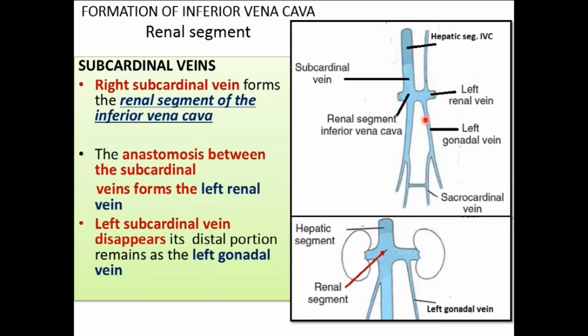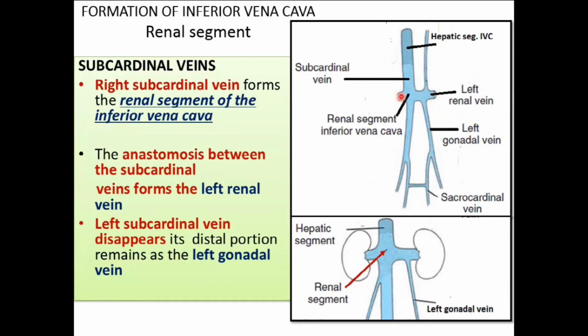It will obliterate, but part of it will form the left gonadal vein, that is the vein which is coming either from the ovary or the testes. What happens to the anastomosing channel? That will form the left renal vein.